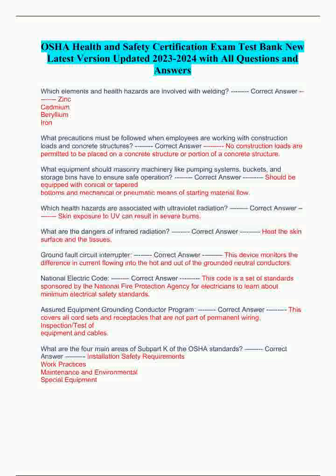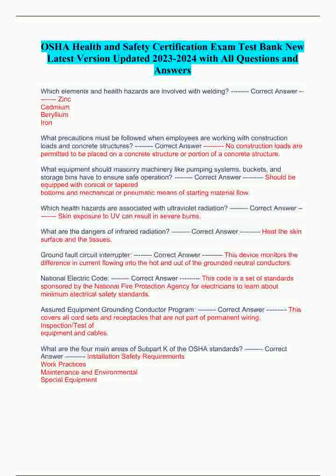Assured Equipment Grounding Conductor Program. Correct answer: this covers all cord sets and receptacles that are not part of permanent wiring. Inspection/test of equipment and cables. What are the four main areas of Subpart K of the OSHA standards? Correct answer: installation safety requirements, work practices, maintenance, and environmental.